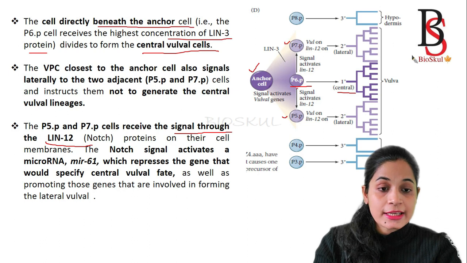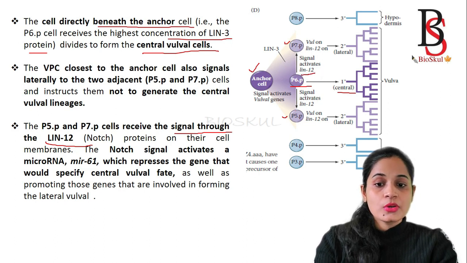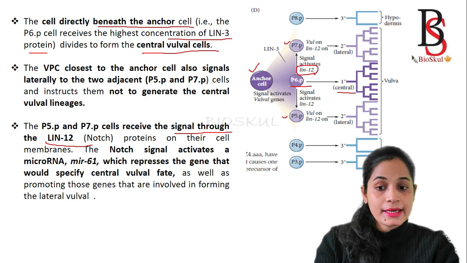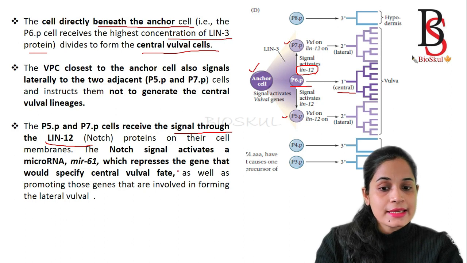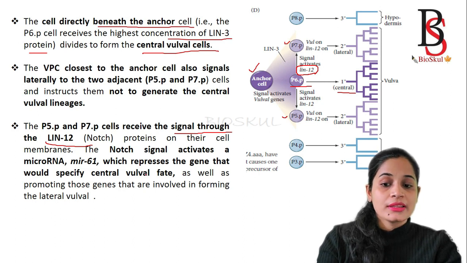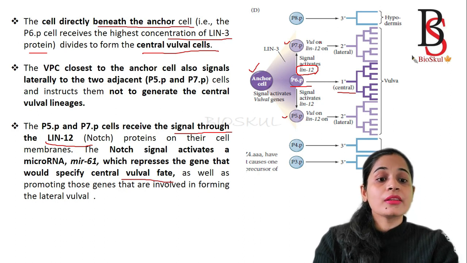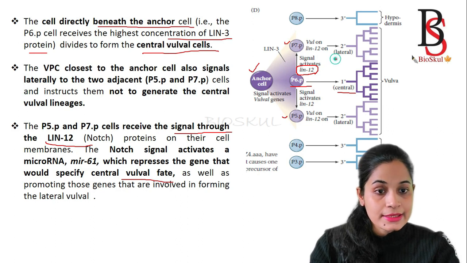This Notch signal activates the microRNA which represses the gene that would normally specify the central vulval fate. So instead of becoming the central vulval cell, P5 and P7 form the lateral vulval cells.